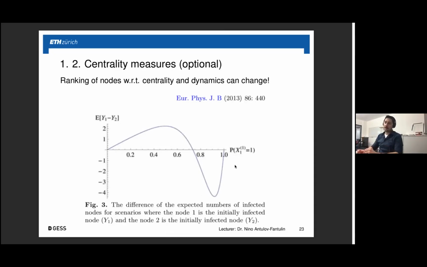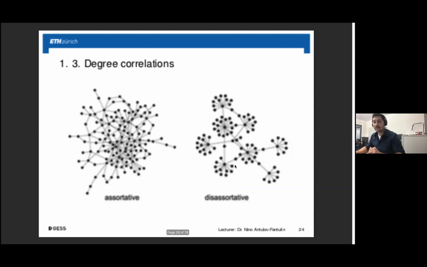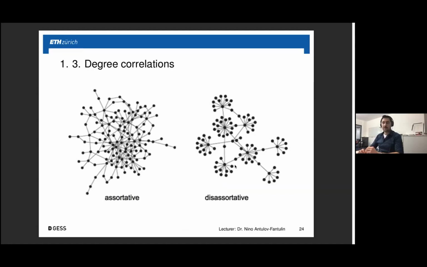You can read more about this in the European Physical Journal B, which I was co-authoring in 2013. It essentially shows that we should be careful how we rank nodes based on a structural measure, because their role can change when we consider dynamics. So that was the take-home message from the previous picture.